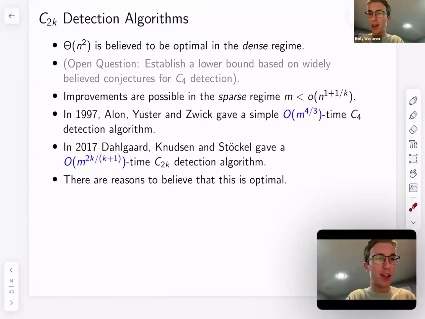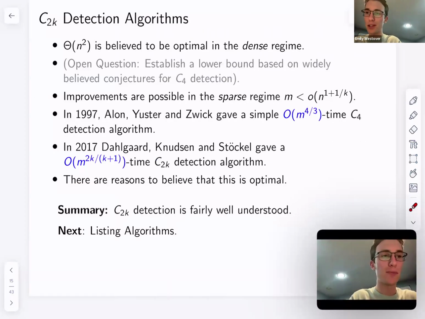Maybe the nicest one is that if you could improve this exponent, then you would also beat the quadratic time algorithm for the dense regime. So this seems like probably the right number. In summary, we have a pretty good understanding of even cycle detection.